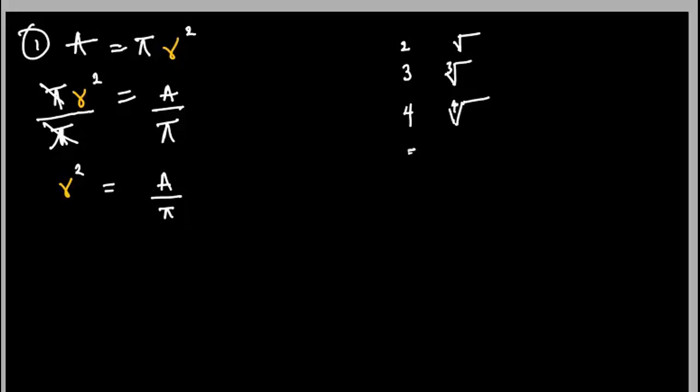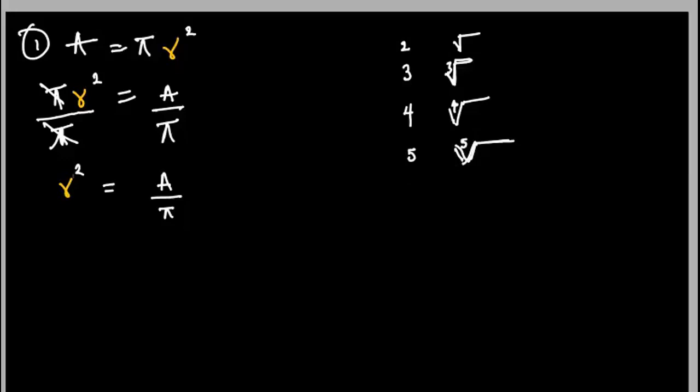To remove a fifth power, we need the fifth root, and so on. In like manner, to remove a square root, I need a square. To remove a cube root, I need a cube. To remove a fourth root, I need a fourth power. And to remove a fifth root, I need a fifth power.